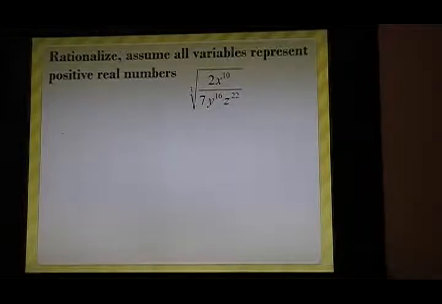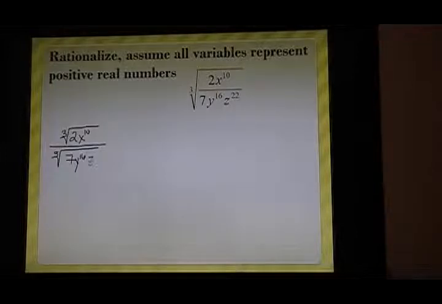And I'm going to come over here so I have lots of room. So I'm going to split this into the cubed root of 2, and please note this is a cubed root now, not a square root. The cubed root of 2x to the 10th over the cubed root of 7y to the 16th v to the 22nd.